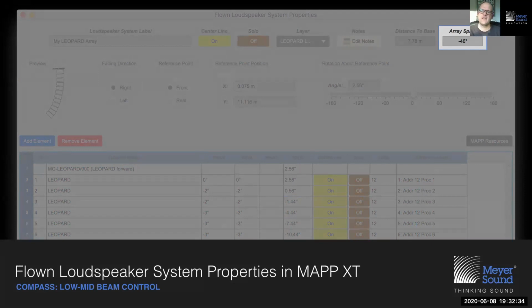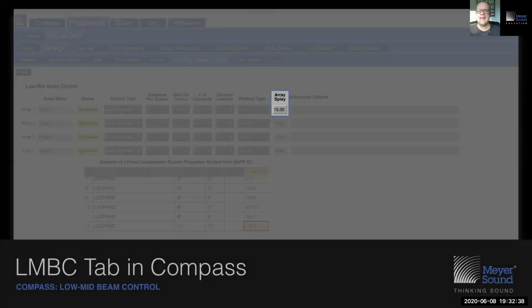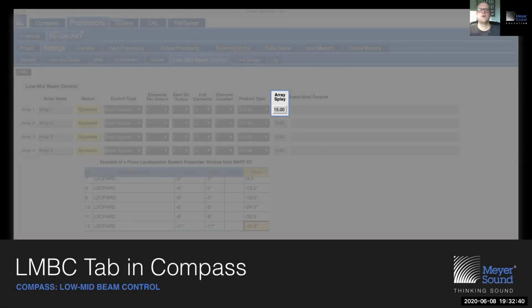You will also find that value over there. That is the value that you want to copy into that field, which will allow the LMBC algorithm to determine the amount of spread or the amount of steer up that is required. Those are all the settings that you need to know.